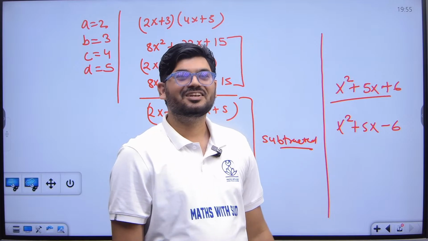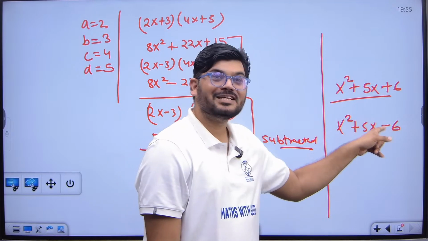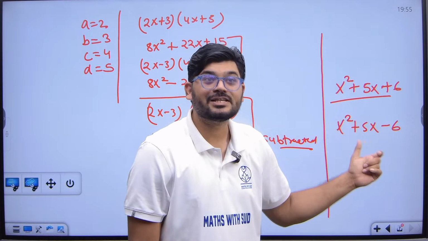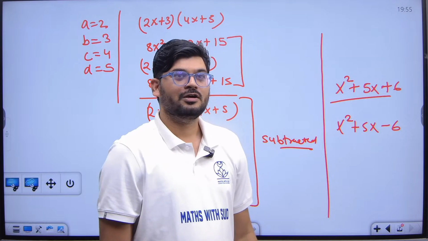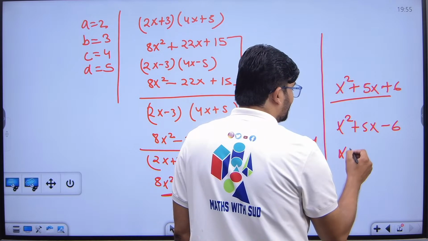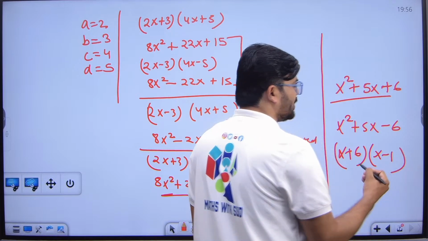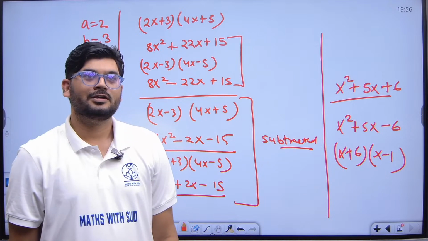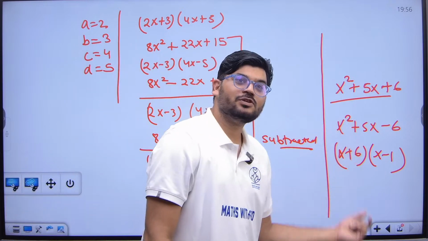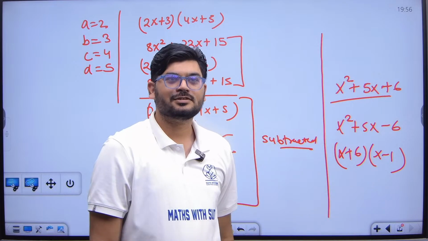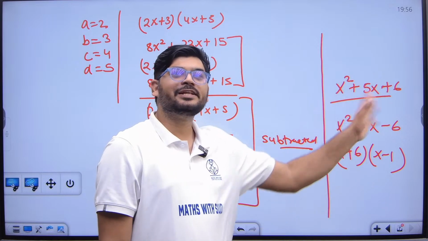Now what is happening here? This minus will show you that subtraction is going on. And since the subtraction is going on, it will be x plus 6 into x minus 1. Are you getting it? Students always think 3 plus 2 is 5, 3 into 2 is 6, so they will say x minus 3, x plus 2.